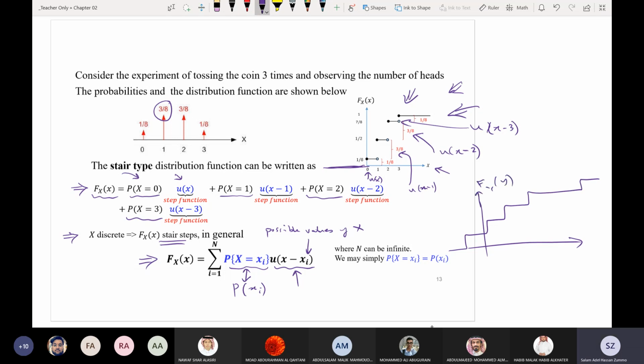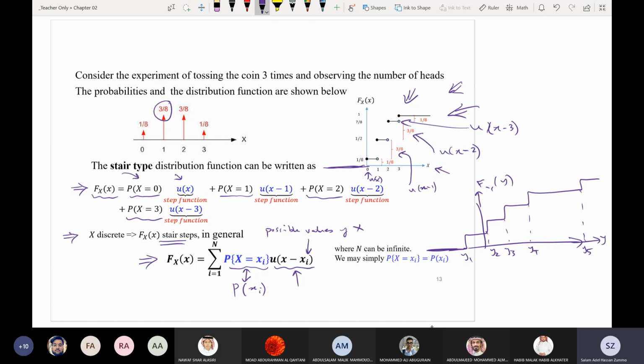F_Y of y. This is y. It starts from 0 at minus infinity, and then starts to increase at y1, y2, y3, y4, y5, and this is y.